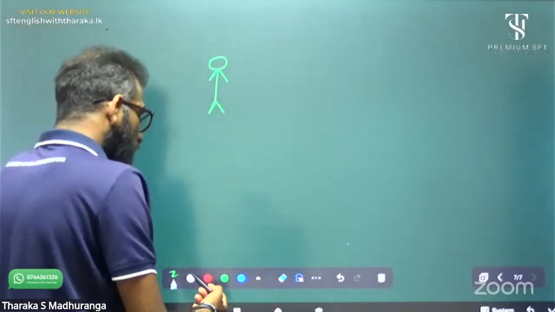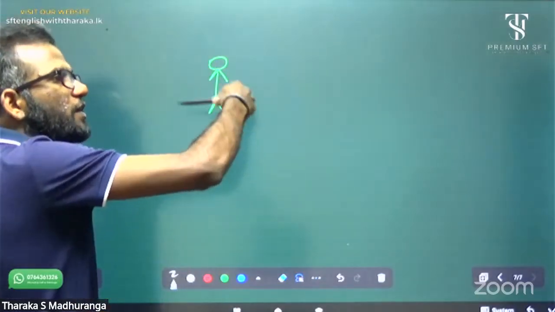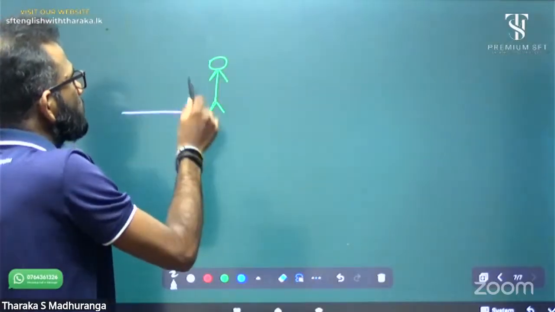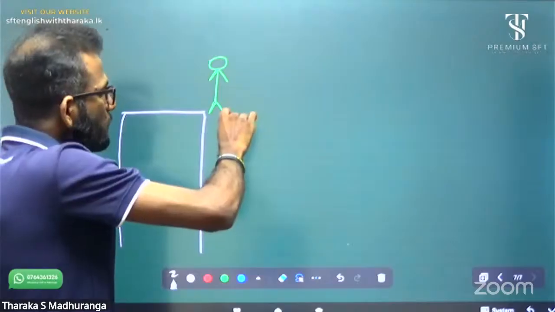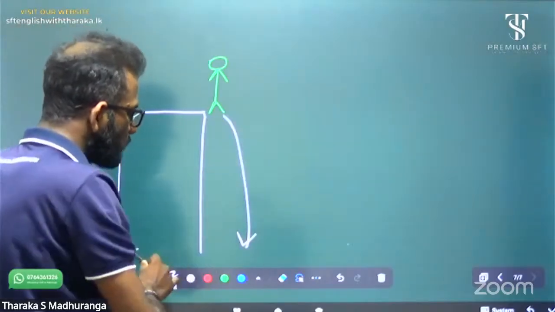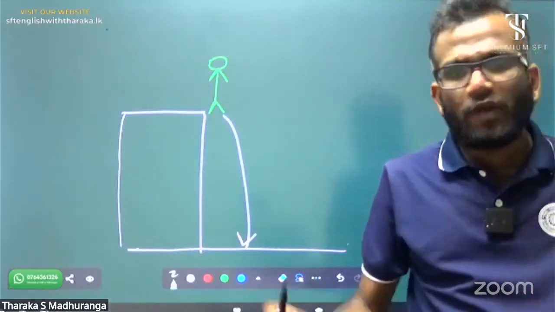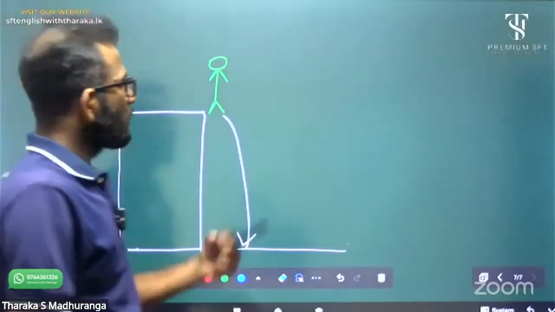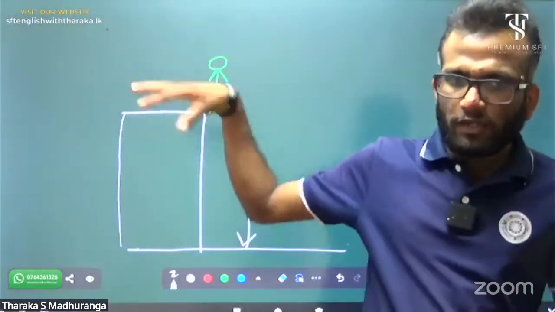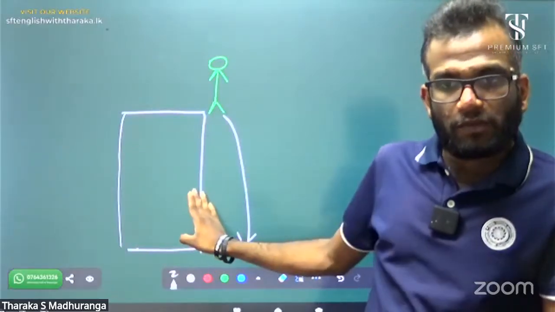Very good. Now let's imagine this person falls from somewhere high up. Now this is a building, and suddenly this person falls down to ground level. Then is it coming with uniform velocity or accelerating? Tell me all. Does he fall with uniform velocity or accelerate?